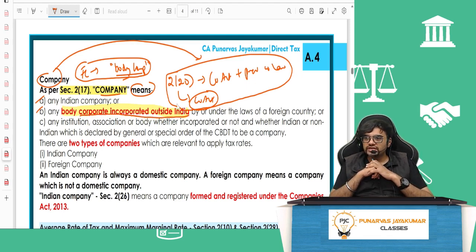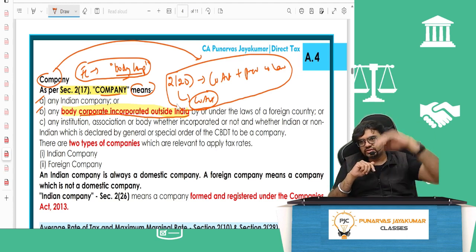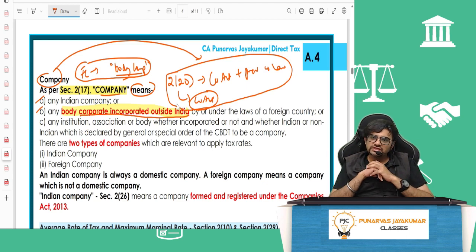Which means I am going to tax even outsiders. If you have any business connection in India, I am going to tax you. In that sense, it is a very interesting definition. Tomorrow you will not make a company, you will do some other entity, but through companies you are operating in India. Can I lift the corporate veil, CBDT? You are just a normal entity. Let's say you are an association of persons operating from abroad, controlled by a group of people, but you have various controls in companies in India.